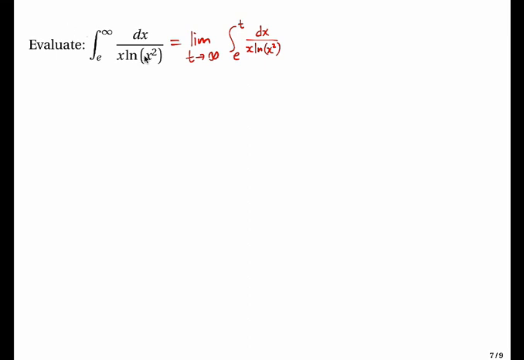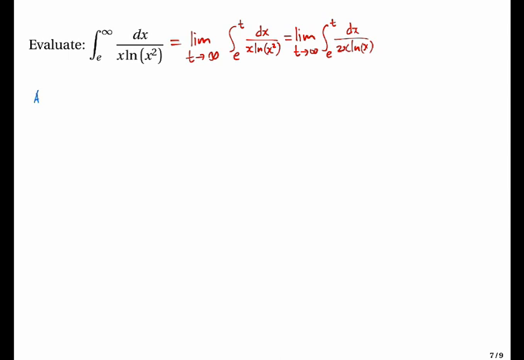But recall properties of logarithm. This is simply the limit as t approaches plus infinity of the integral from e to t of dx over 2x ln of x. Correct? So if we look at the definite integral here, it's a simple substitution. Okay?